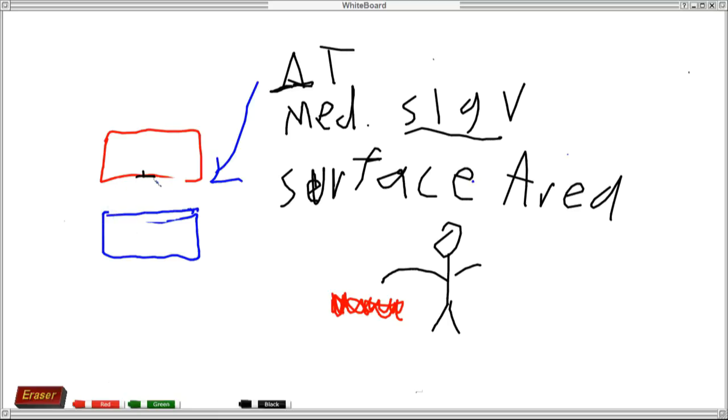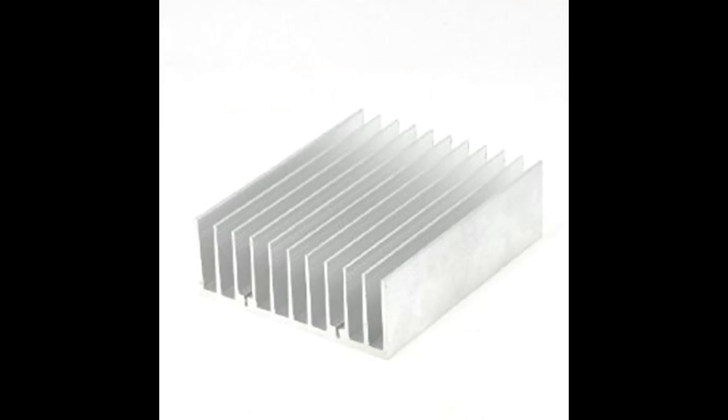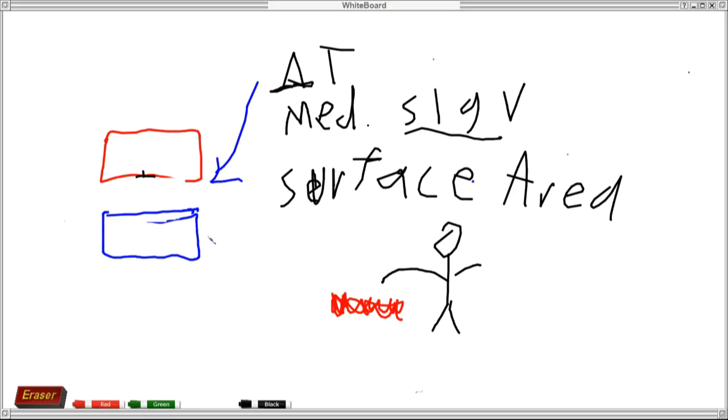So the question is, why do heat sinks look like this? The reason is because, take a look at the heat sink and how it's shaped. From one side, I'm going to put four sides: side one, side two, side three, and side four.